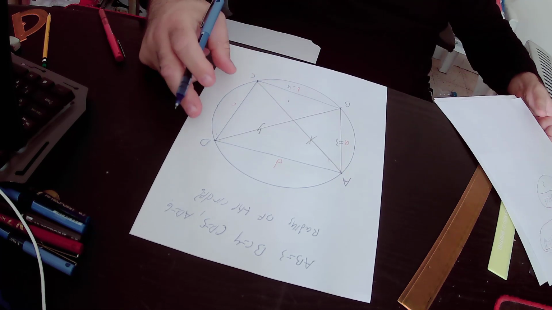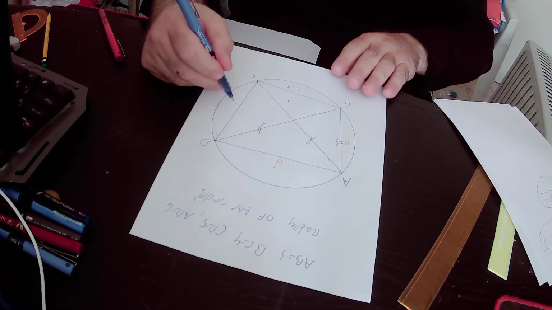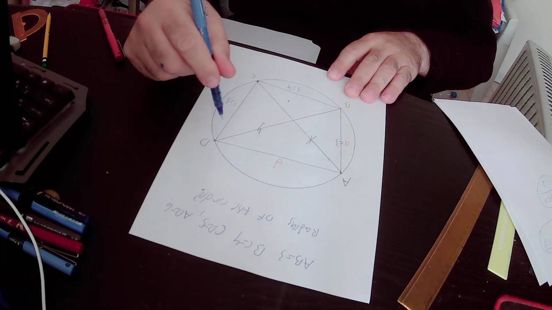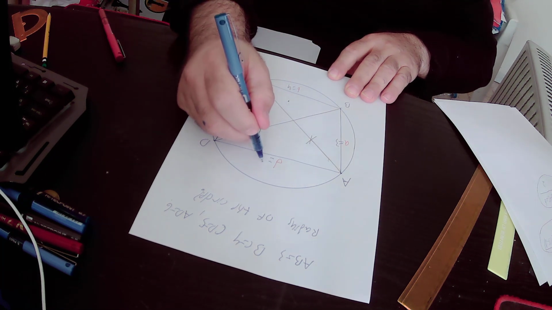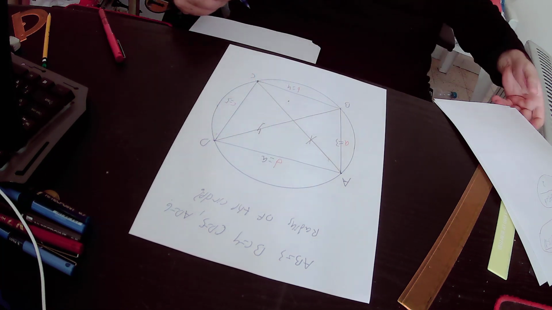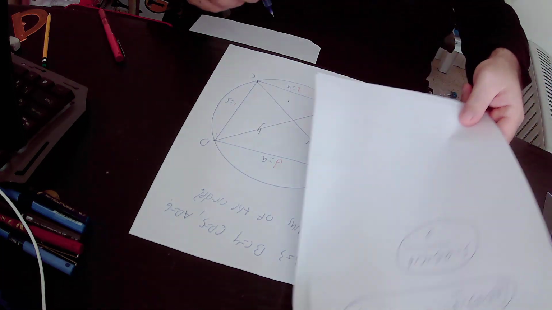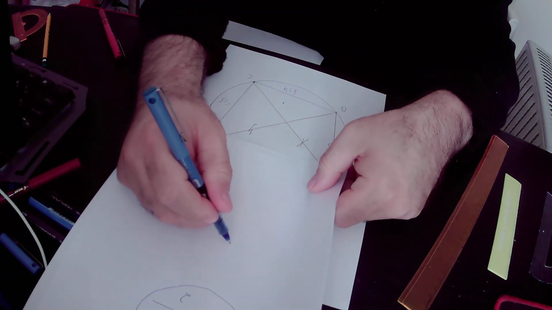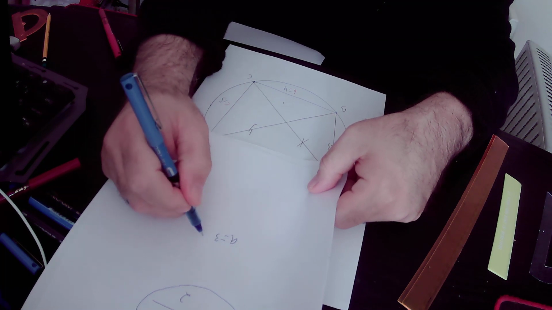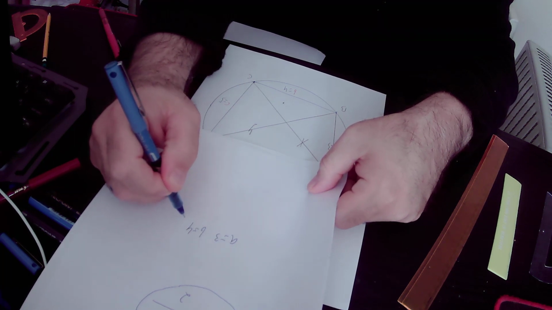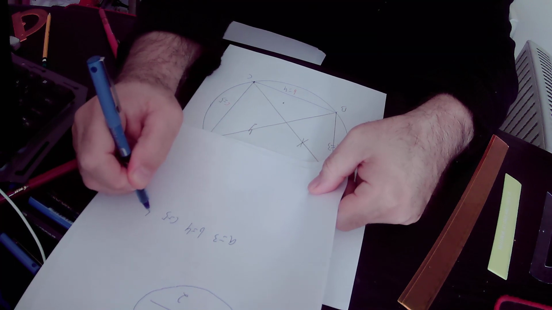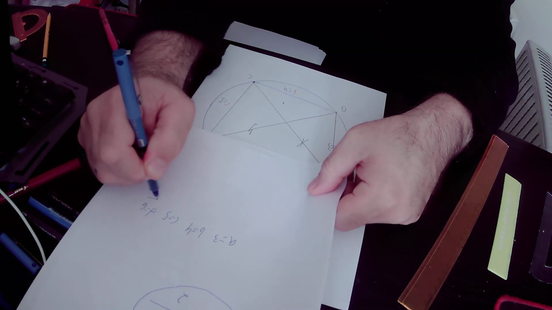We also know that DC equals 5 units, and AD equals 6 units. So I write it here that A equals 3 units, B equals 4 units, C equals 5 units, and D equals 6 units.